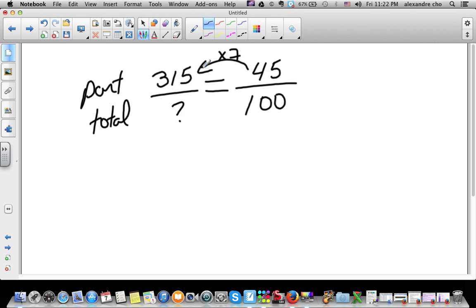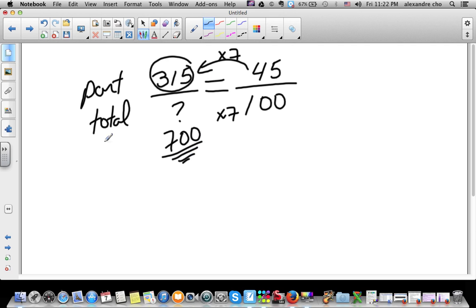So 45 times 7 is 315, so you're going to apply that same factor at the bottom. So 100 times 7 is 700. So one way of saying this is that 45% of my bag is full of red marbles, or 315 out of a bag that has 700 are red.